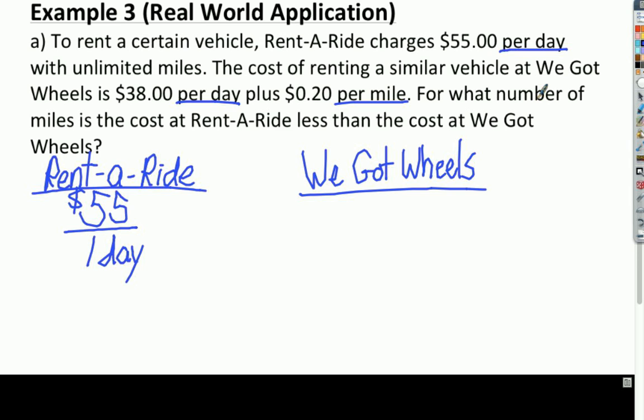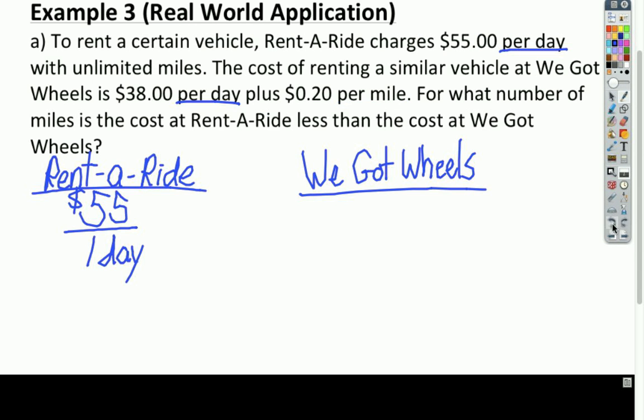So we're only talking about one day, no matter what. So we actually don't need this because no matter what, if I only rent for one day, rent-a-ride costs $55. So Sam is 100% correct. This is technically how we should write it. But since it's only one day, no matter what, we're just going to put 55. Don't worry, as you get more experience, you'll understand.